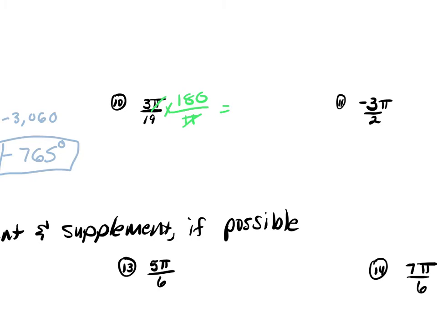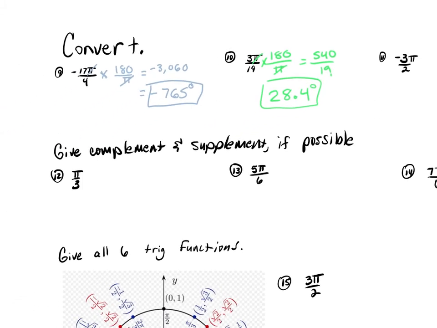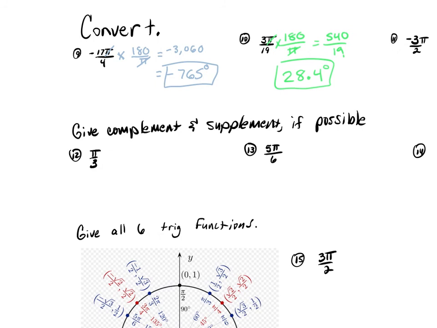We have 3 times 180, which is, let's see, 540 divided by 19. 28.4. Perfect. I'm going to skip 11 for now and go to 12.